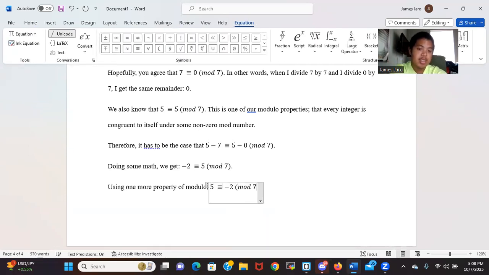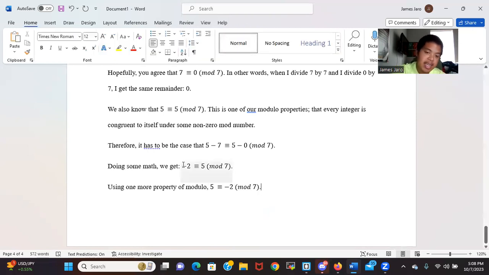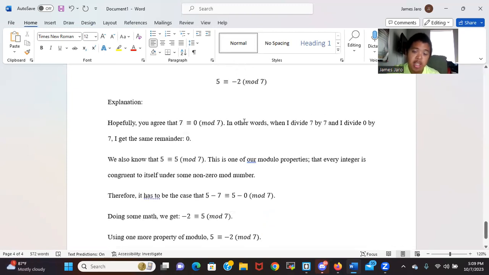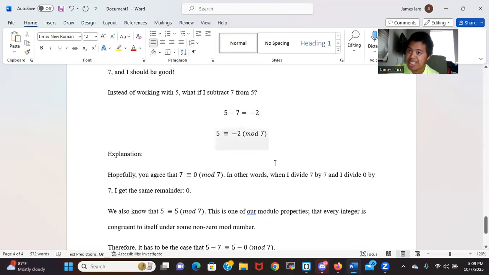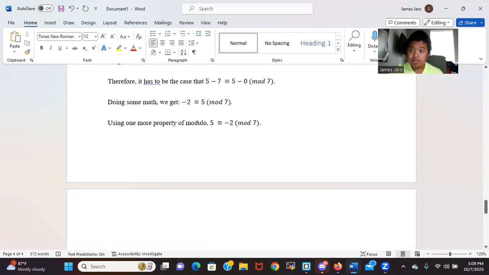Since -2 is congruent to 5 mod 7, we can flip the numbers around and we would still get the same truth value. So we can say that 5 is congruent to -2 mod 7, which is what we got here. So that's interesting. We can now go into the negative zone essentially instead, which is really weird and also kind of cool in a way.